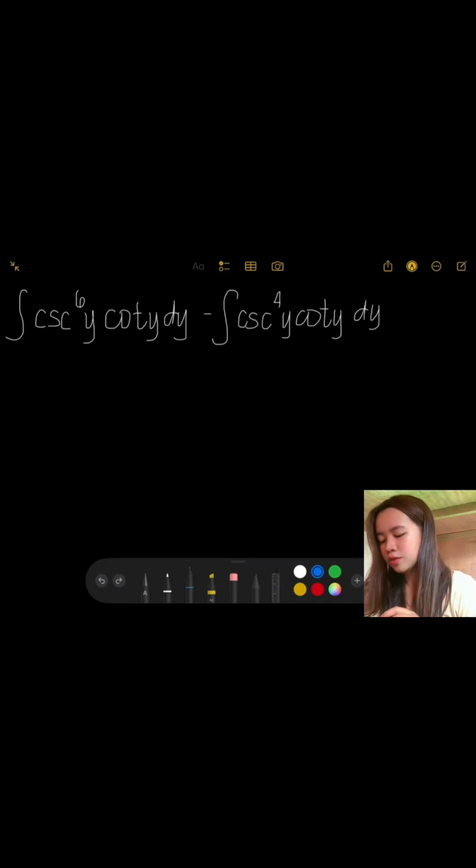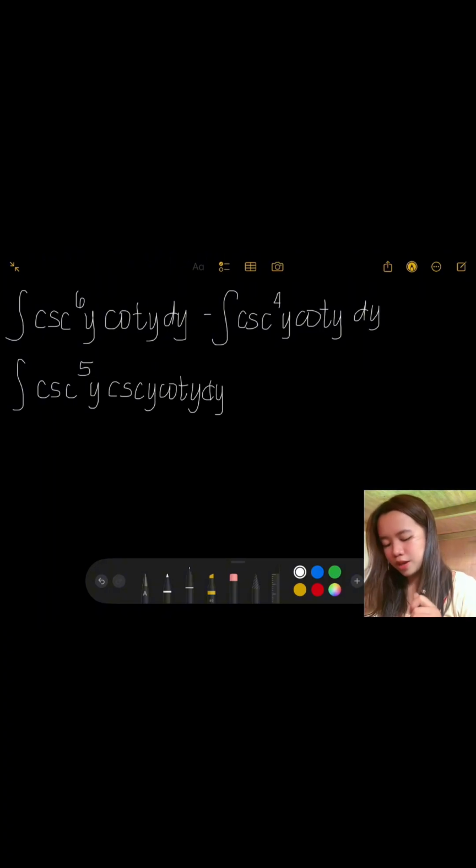So to have this derivative, we will be taking away 1 cosecant. So this will become cosecant 5 y cosecant y cot y dy minus cosecant raised to 3 y cosecant y cot y dy.